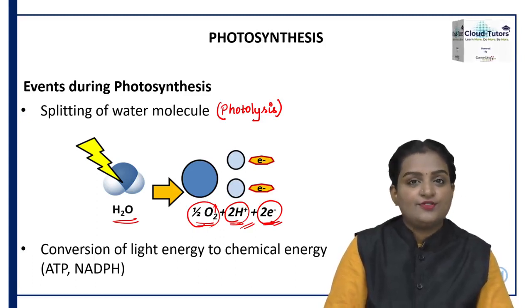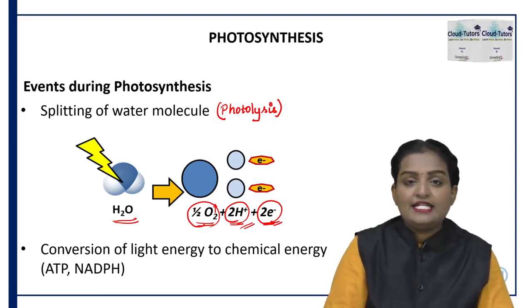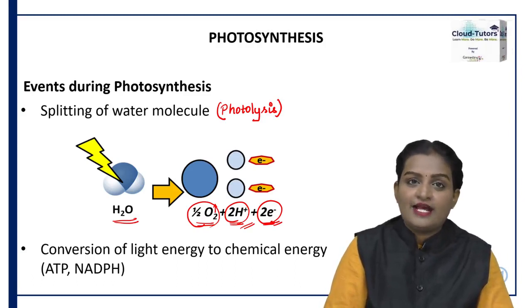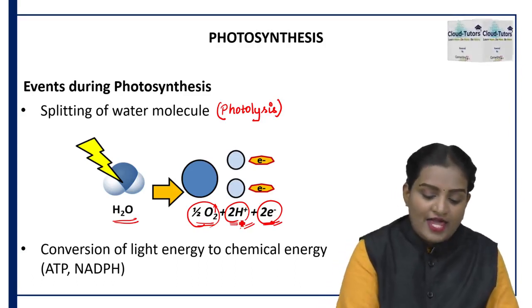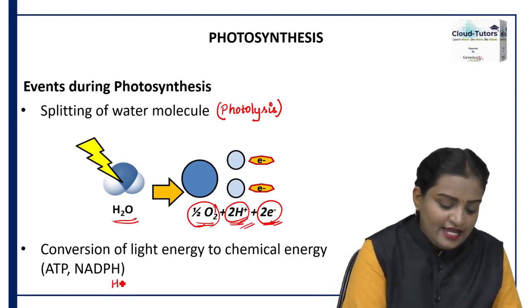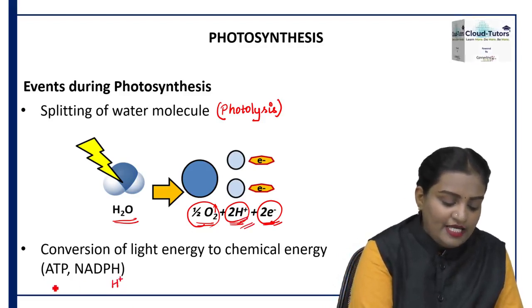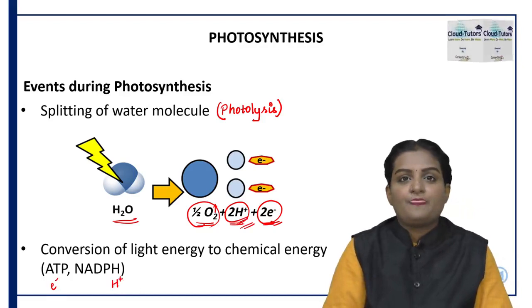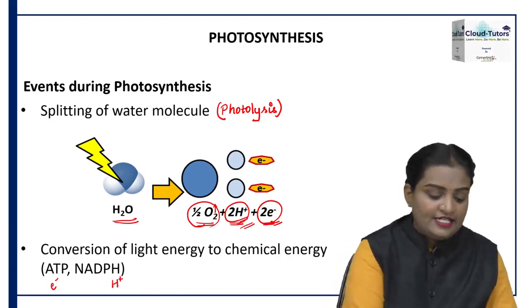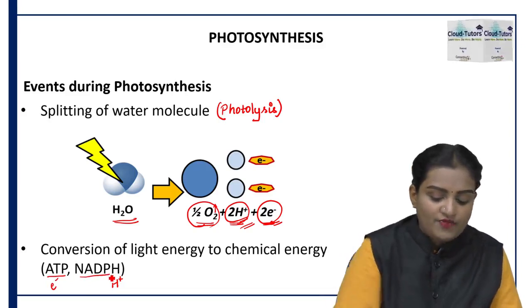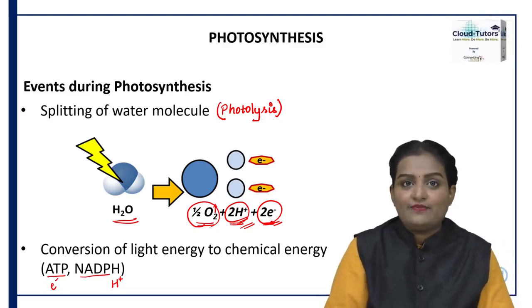ATP is adenosine triphosphate. NADPH is nicotinamide adenine dinucleotide phosphate hydrogen. So H plus gets added here, and ATP needs electrons. So now the final product that we have here is two chemical energy forms, that is ATP and NADPH.